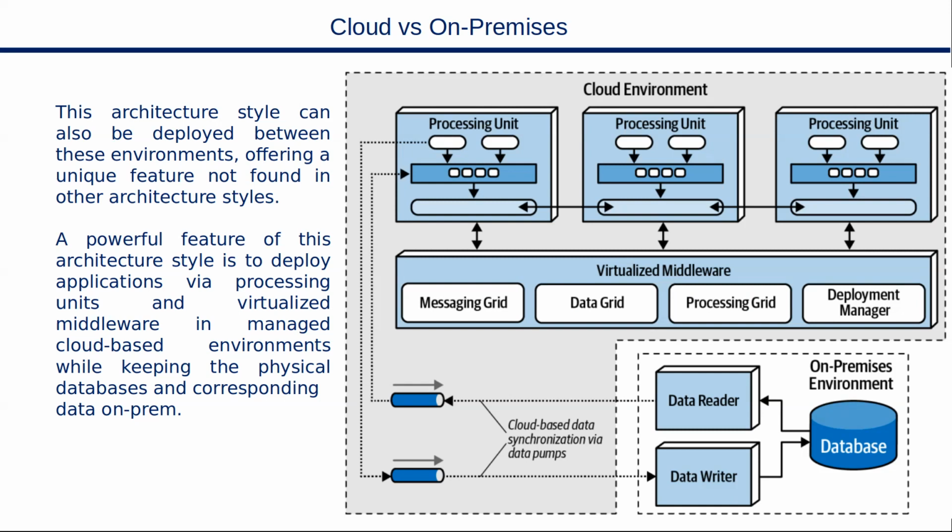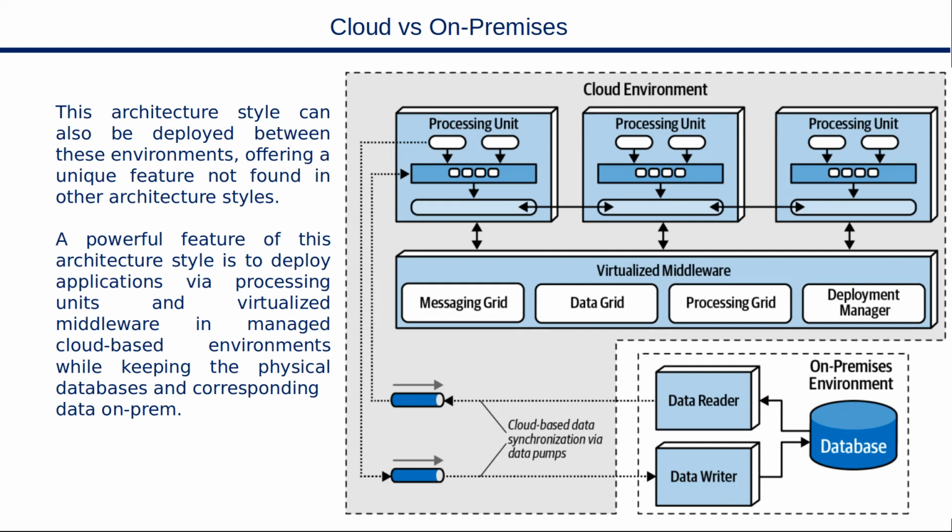Some architecture styles are specifically designed for on-premises solutions, some are more preferable for cloud. This one offers a unique feature not found in other architectural styles, because it can be deployed in a hybrid way.